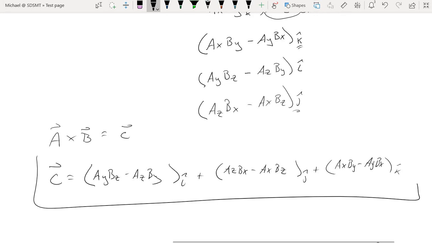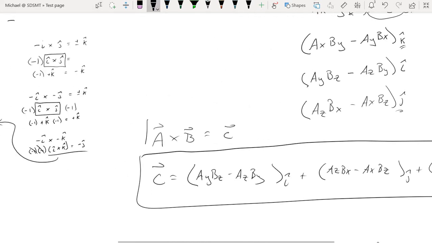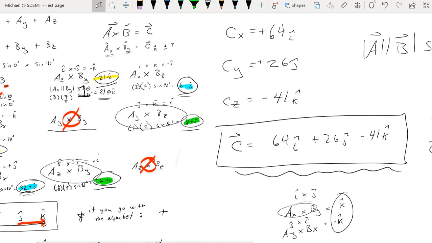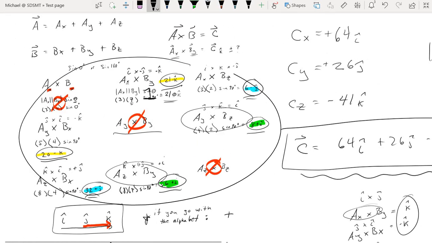All right. So from now on, we can just start right here. We can use this equation to evaluate any cross product that we're given, and we don't have to go through this method of evaluating all 9 possible combinations of these vectors, because we've already done that right here.